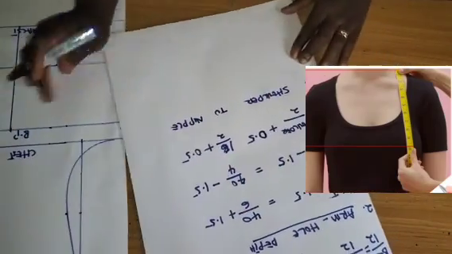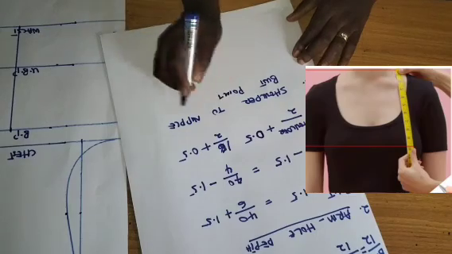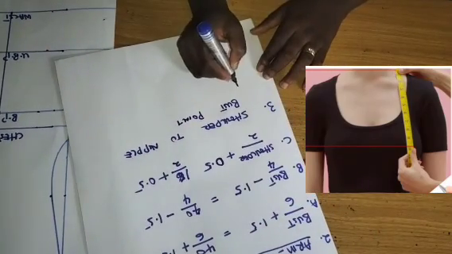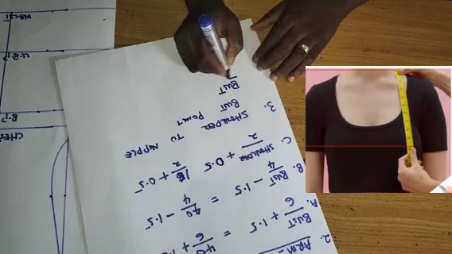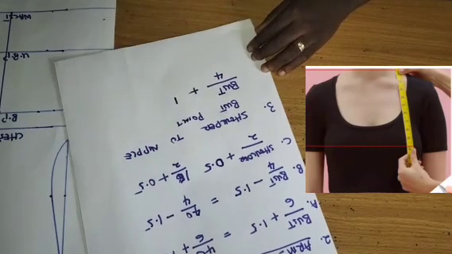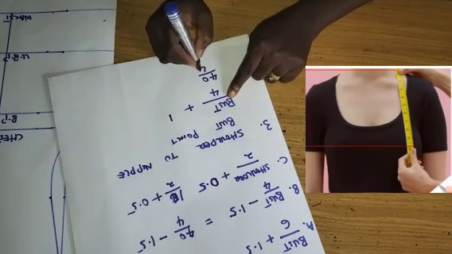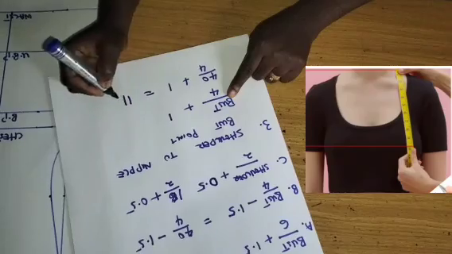This is the bust point line. To get the bust point line, simply input your bust, divide by 4 plus 1. So if we are working with bust 40, 40 divided by 4 plus 1 will give us 11.